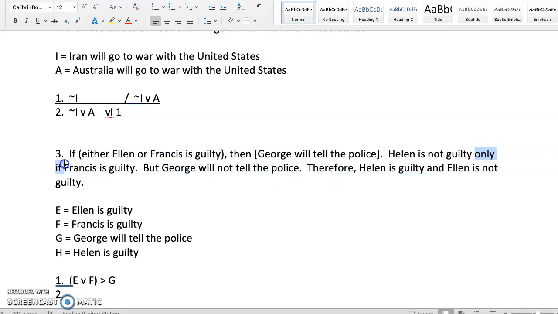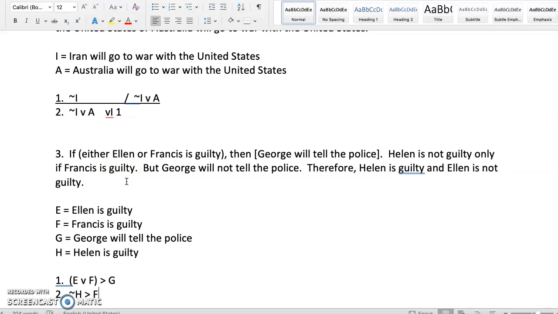So remember, with only if, you can just substitute the conditional for only if. Whatever comes before only if is going to be the antecedent. So in this case, Helen is not guilty, so not H. And then only if. And then what comes after the only if is Francis is guilty, so F.